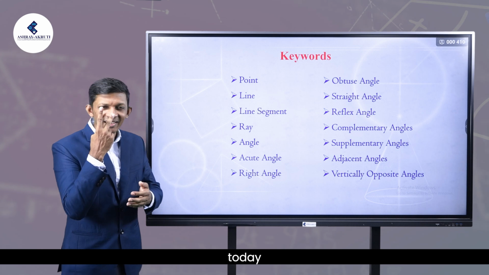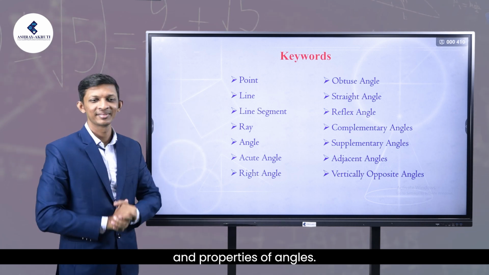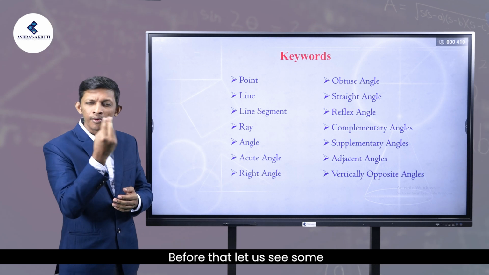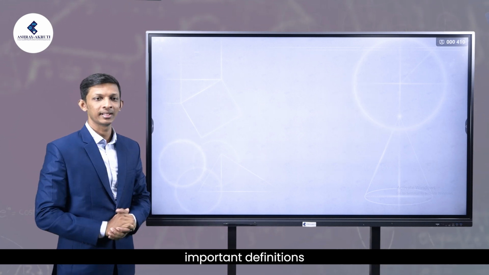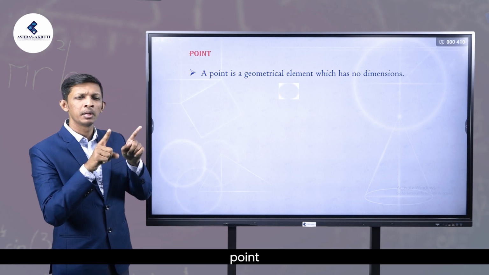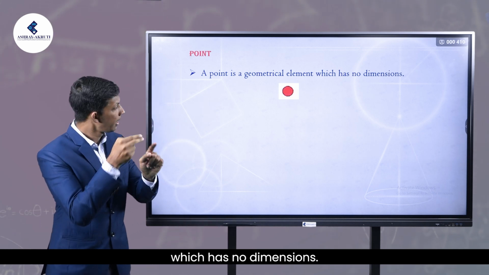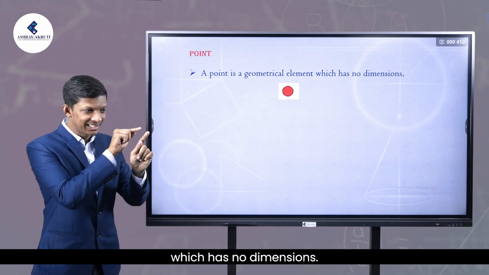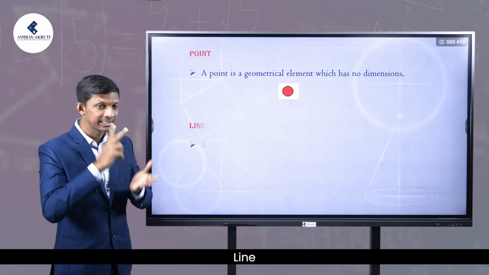Children, today we are going to see the different types and properties of angles. Before that, let us see some important definitions. Point. A point is a geometrical element which has no dimensions. Line.